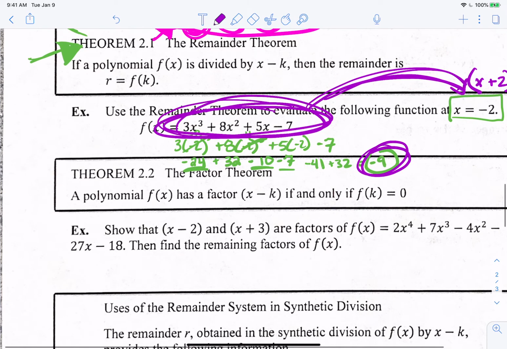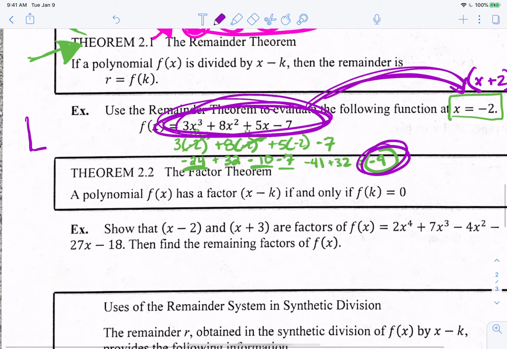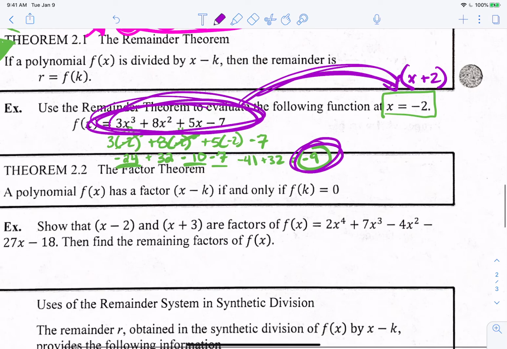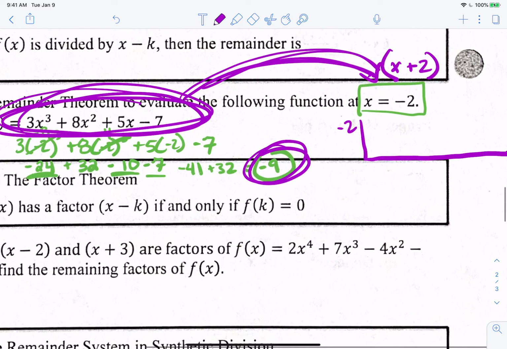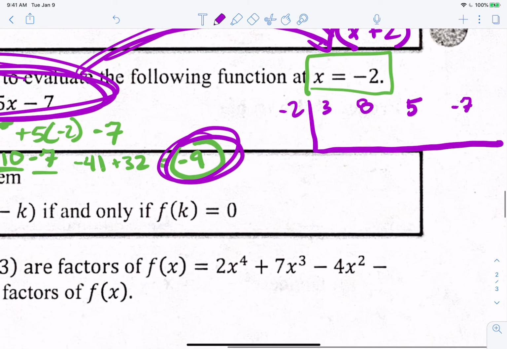Let's do synthetic division to verify that that is correct. I'll do it over here so we have more room. I'm going to put -2 on the outside and my coefficients, which are 3, 8, 5, and -7. We're going to see if our remainder is -9.